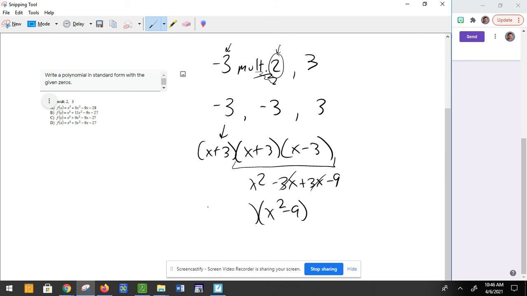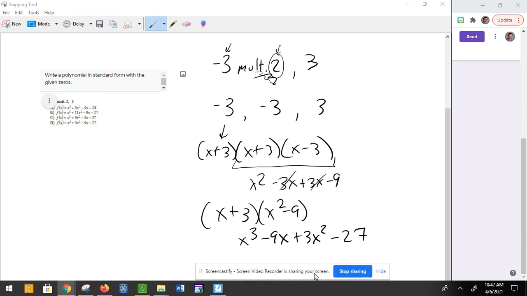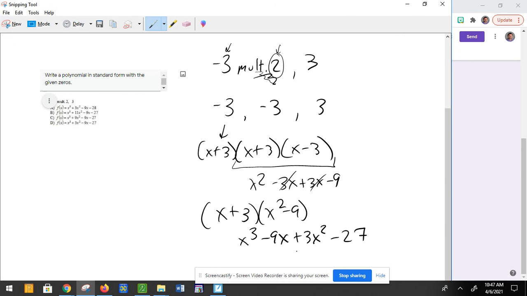At least it's a binomial that I'm going to then multiply by that other x plus 3. I FOIL these together now. X times x squared is x cubed. X times -9 is -9x. 3 times x squared is 3x squared. And then 3 times -9 is -27. There are no like terms, but if you were to put this in descending order by degree, you're just going to flip the order of these.